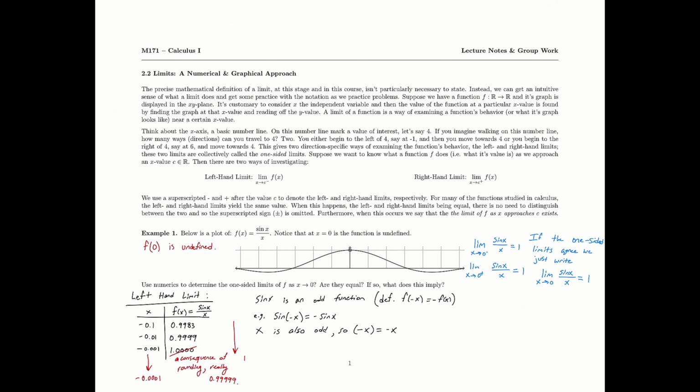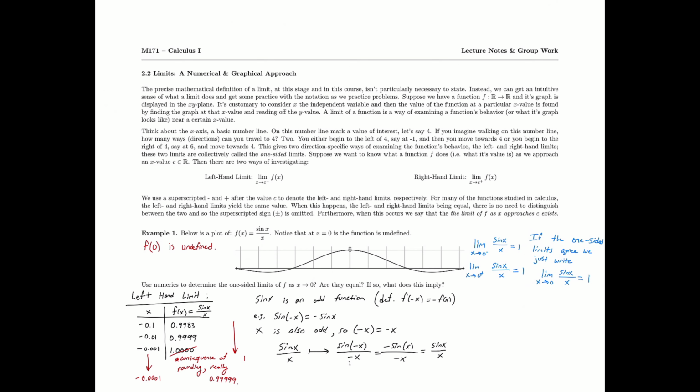So what do we get here? If we have sine of x over x, and we plug in a negative value for it, so for instance, sine of negative x over negative x, sine being an odd function means we have negative sine of x over negative x, which is just the same thing as sine of x over x.